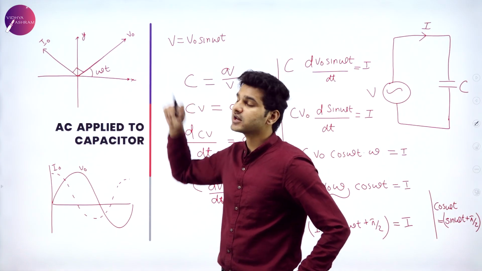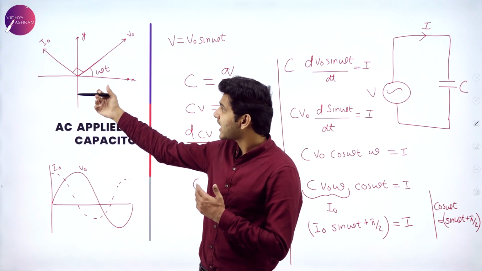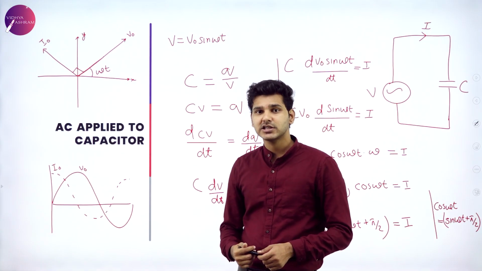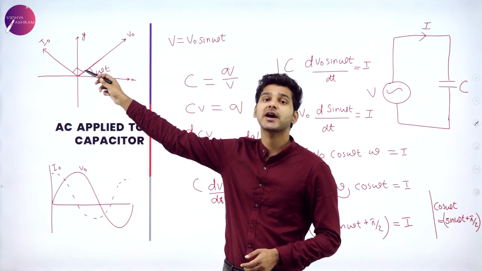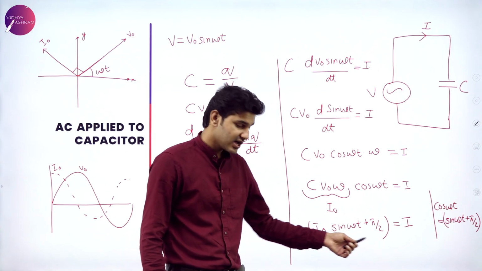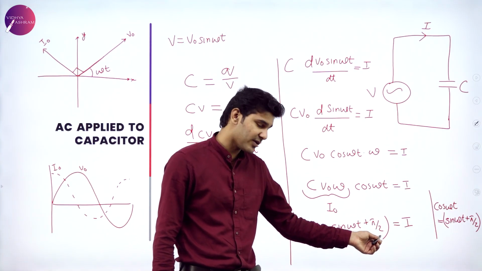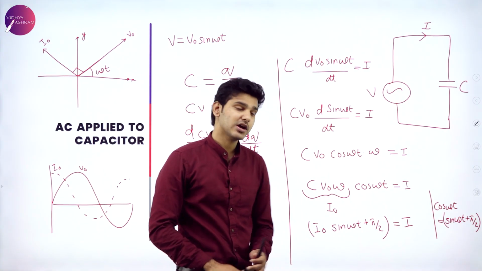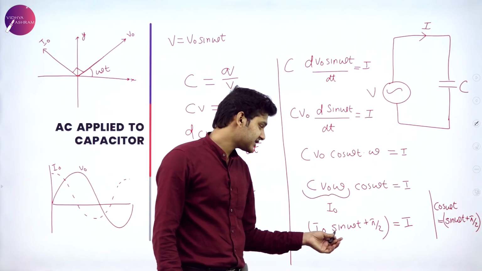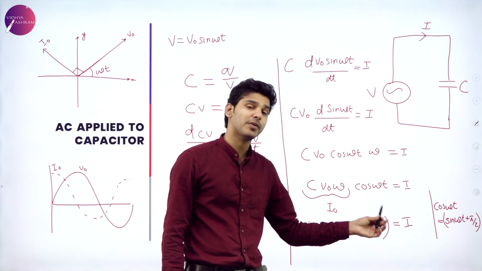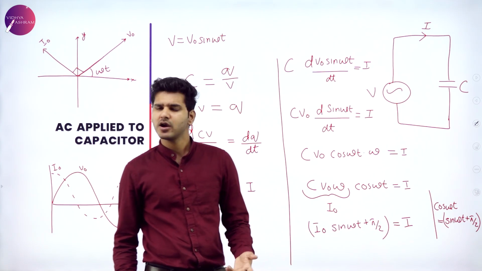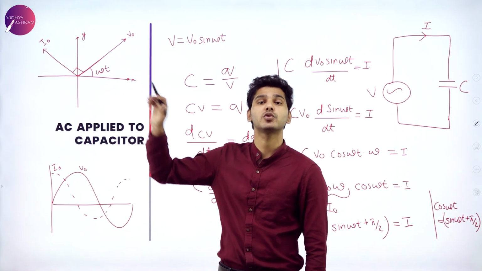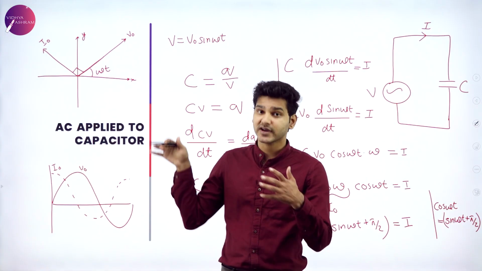The phase angle between current and this axis is omega t plus 90, or simply omega t plus pi by 2. That is written here: current is leading by pi by 2. The phase angle of this current vector is omega t plus pi by 2, because this graph is being represented as this rotating vector diagram.